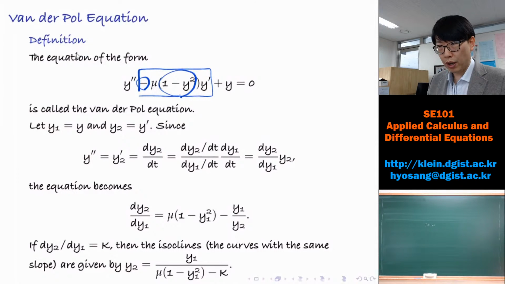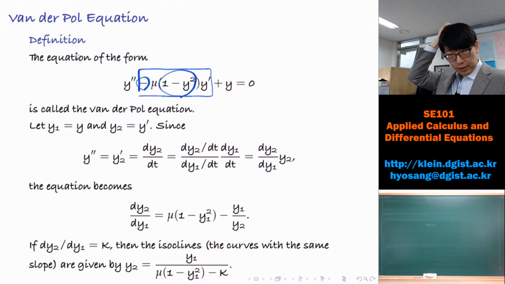So we have 1 minus y squared here. If the absolute value of y is less than 1, then the coefficient is negative. And if the absolute value of y is bigger than 1, it's positive.